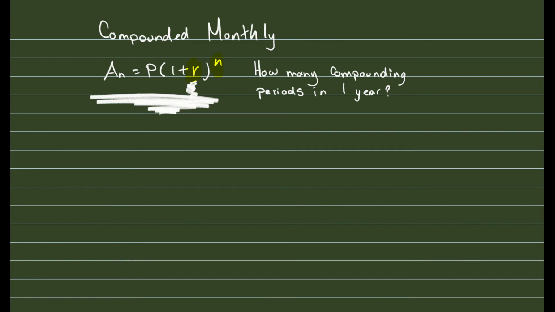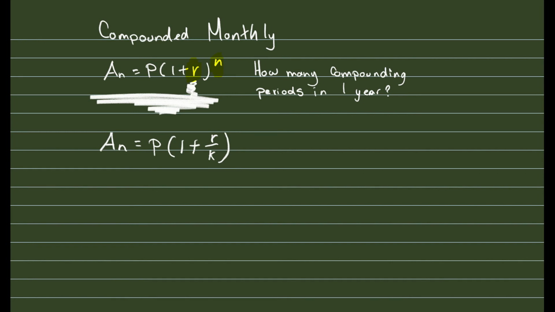So how can we modify the formula? The amount after n periods is equal to P. The principal is not going to be affected. Then 1 plus R, and R is affected, because R was the rate for the entire year. We want the rate per compounding period. Since there are 12 periods in a year, we take R and divide it by k, the number of compounding periods in a year.